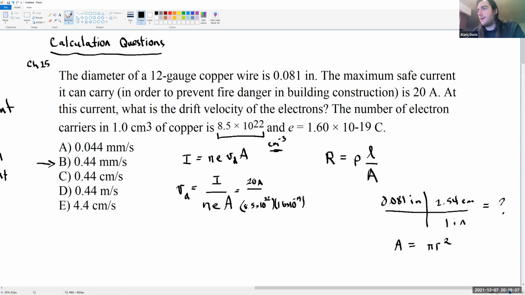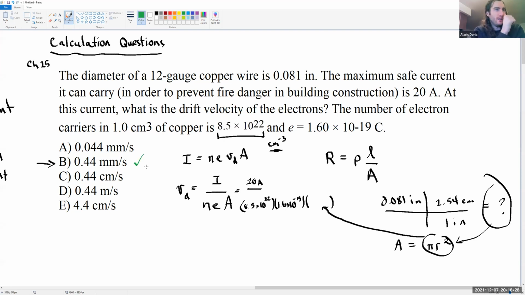Leaving the units off here. And then for the area, we simply plug in whatever we get for R, and then take this pi r squared and plug it in over here. And you will indeed get answer B. Okay, so you need to calculate that yourself and make sure that you can get that answer there.